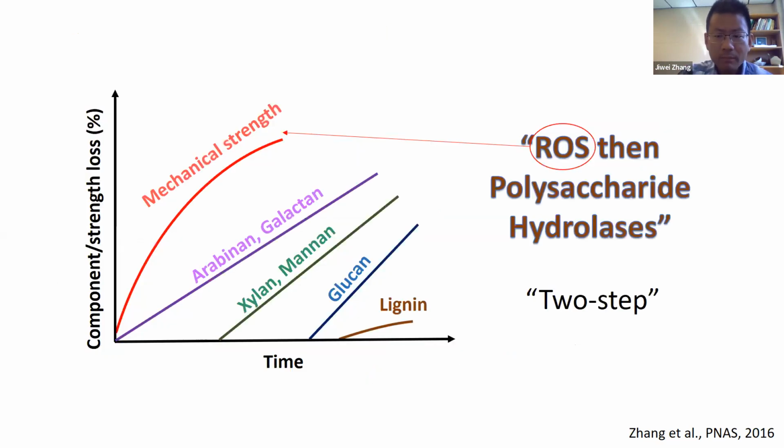If you look at this decay progress diagram, it makes sense. The ROS first cause the mechanical strength loss, and then the polysaccharide hydrolases are produced to extract the sugars. So we call it two-step.